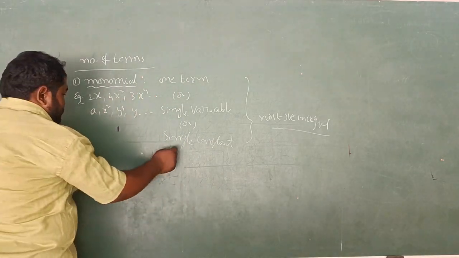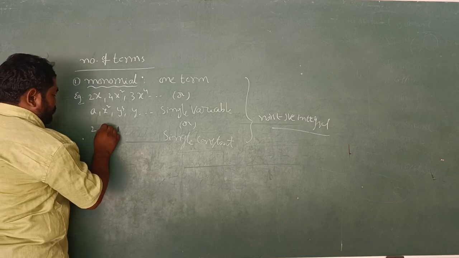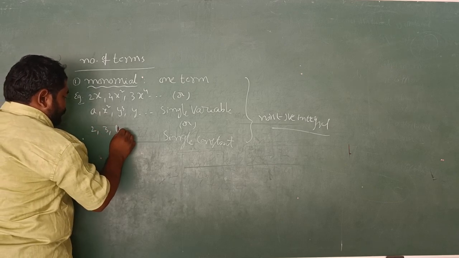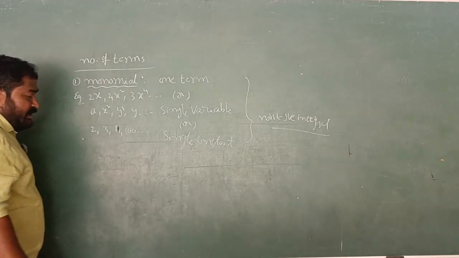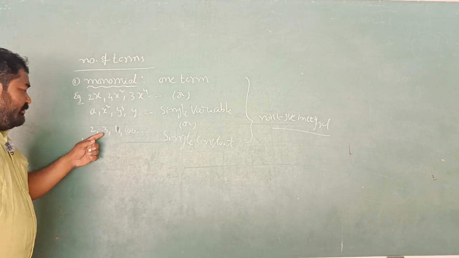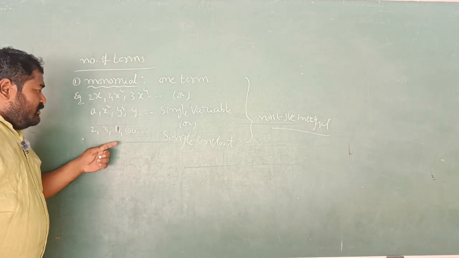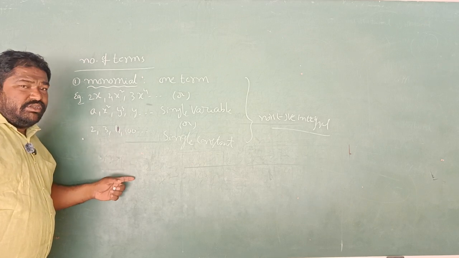And next one, a single constant means 2, 3, 4, 100, and so on, whatever it may be. This can be written as 2 into x power 0, 3 into x power 0, 4 into x power 0, 100 into x power 0.